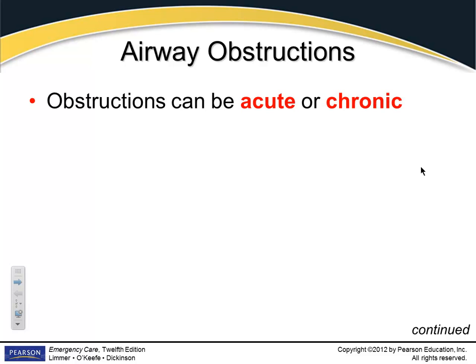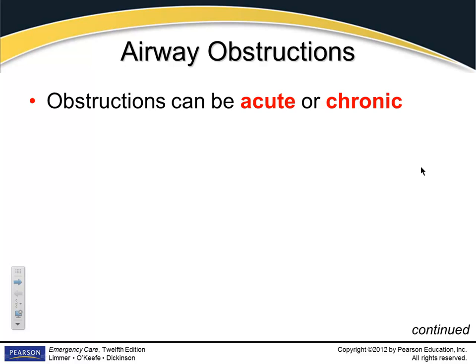Okay, other airway obstructions? We can have an acute airway obstruction or a chronic airway obstruction. What does acute mean? Immediate. It's just happened, like you're talking and all of a sudden you start to choke on a piece of steak. That's acute. Whereas a chronic airway obstruction might be something you constantly deal with.